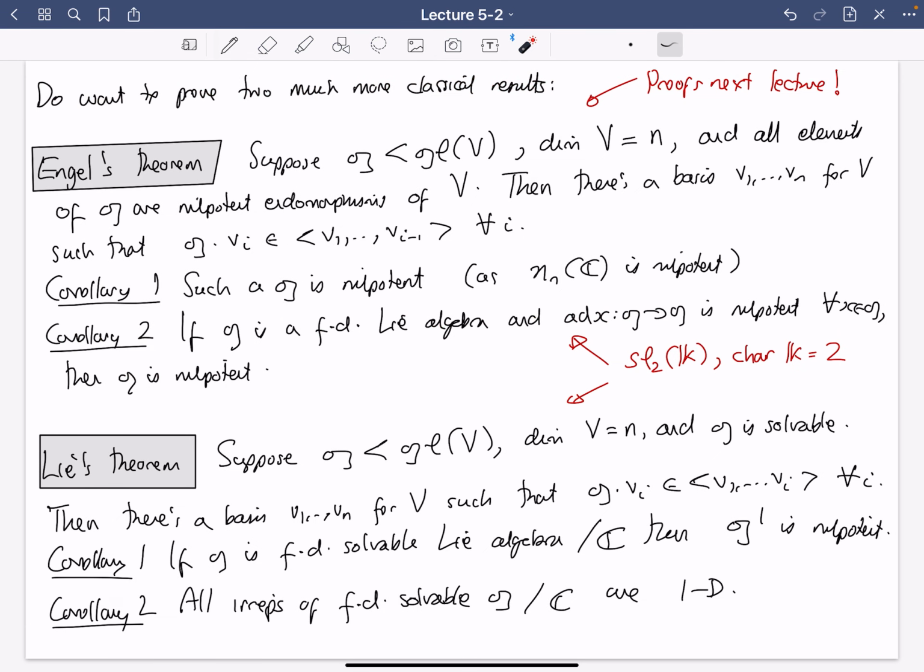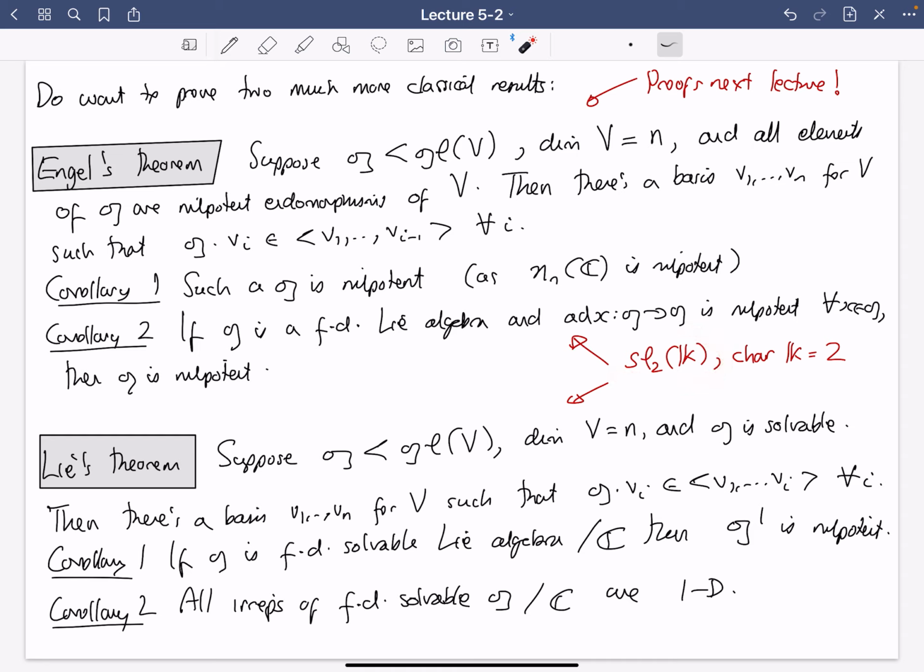But sl_2 is already embedded in matrices, and in characteristic 2, this is actually a nilpotent Lie algebra. But there's no such basis for the two-dimensional representation K^2 for sl_2(K). You have to actually change the representation in order to achieve the conclusion of Engel's theorem, because these are not nilpotent matrices in there, so the hypotheses aren't satisfied for that defining representation of sl_2.